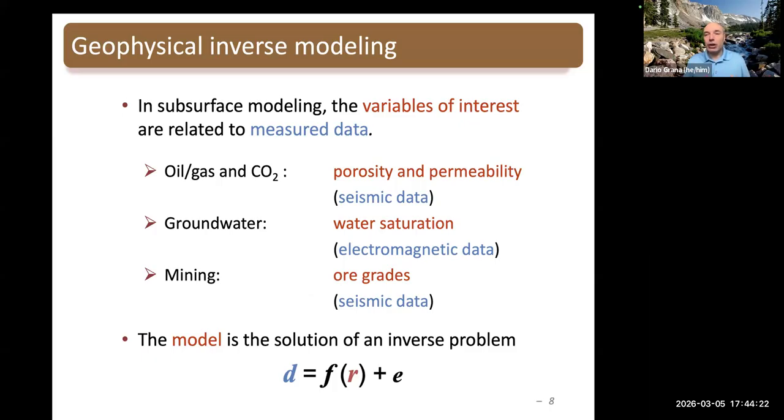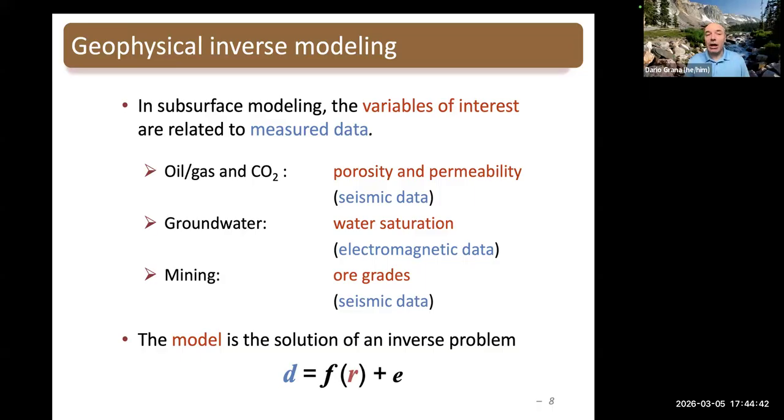Especially when we study the subsurface, we want to build a model of some variables because they change laterally and sometimes also in time. So we want to build a model of these variables, but we can only measure some indirect properties.